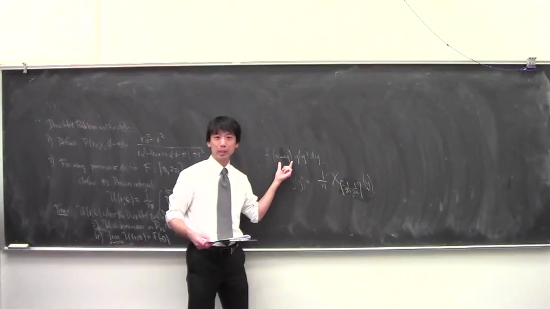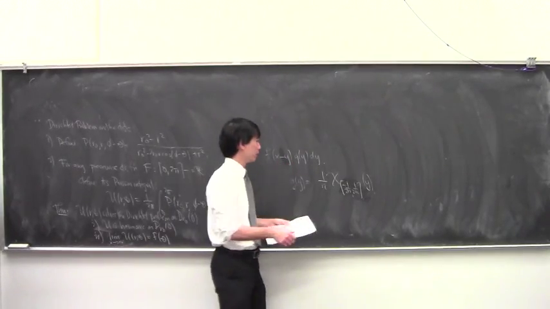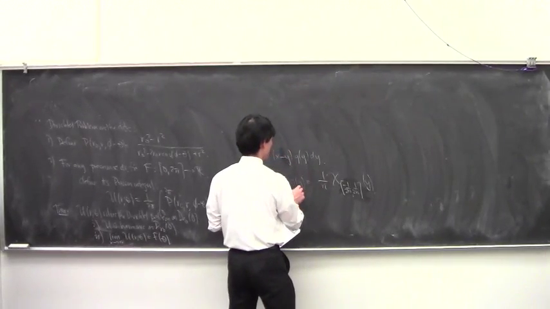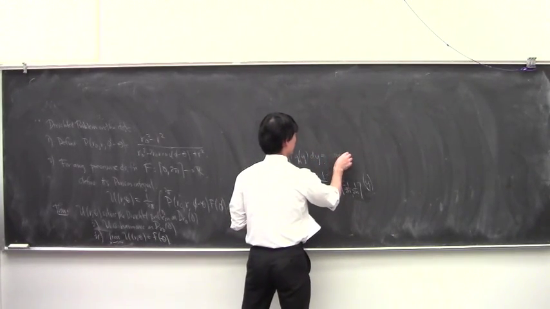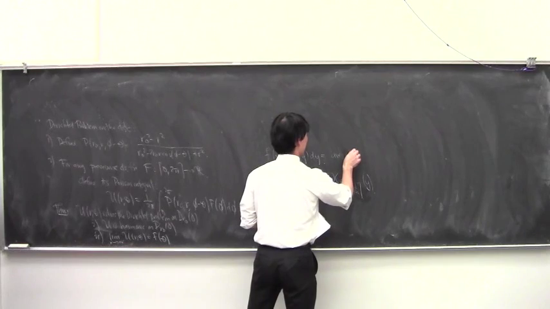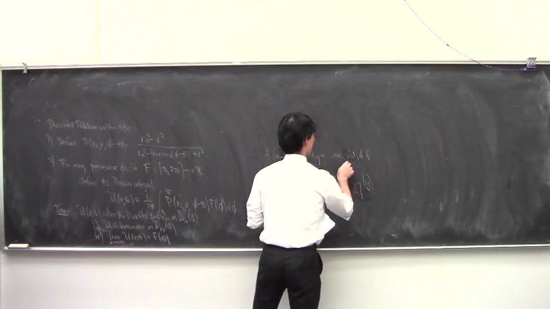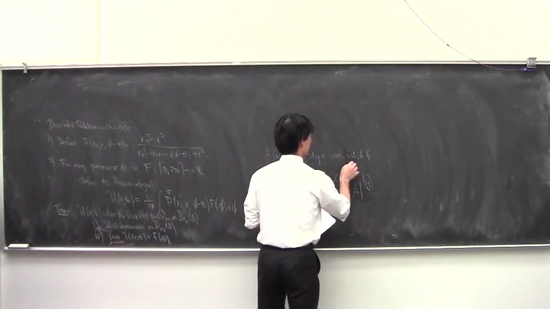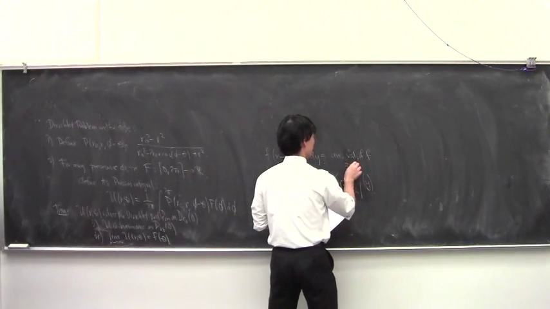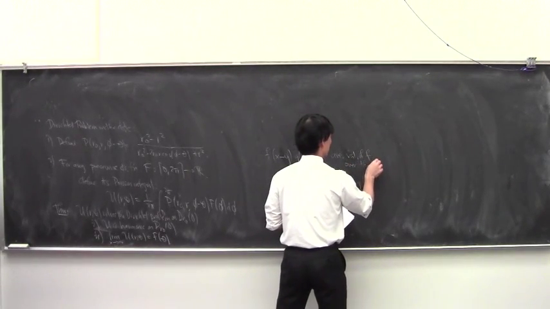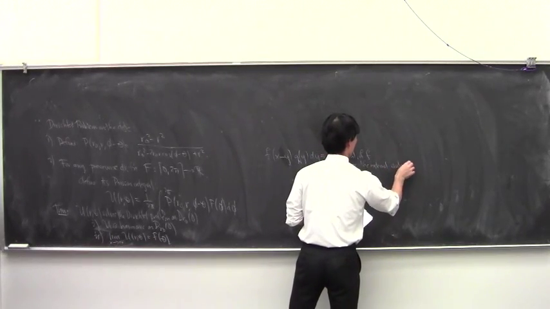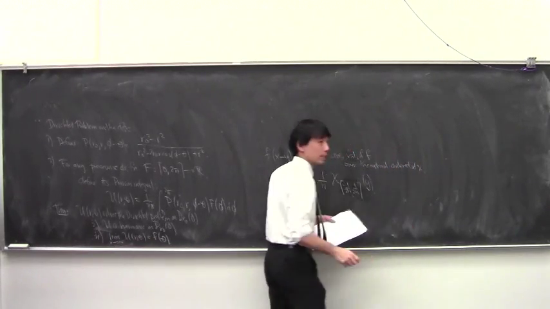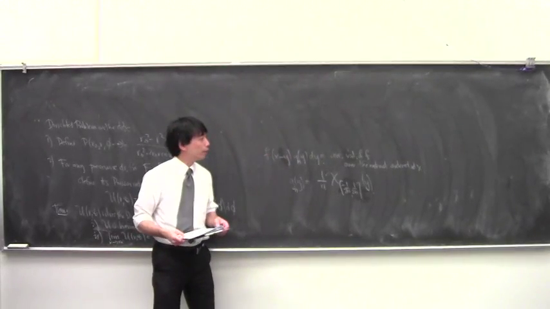This is what we commented on last time. Convolution basically gives you the average value of f over the interval centered at x.